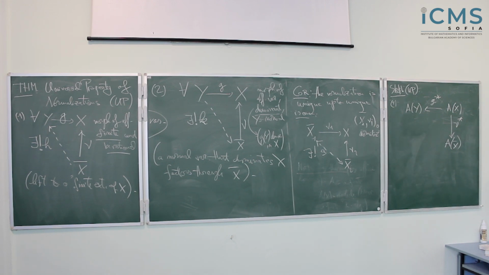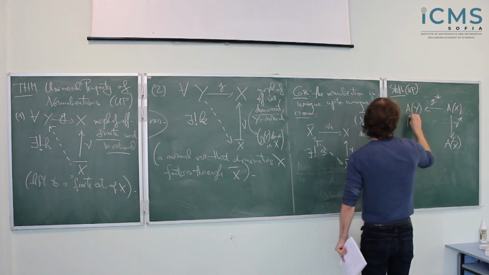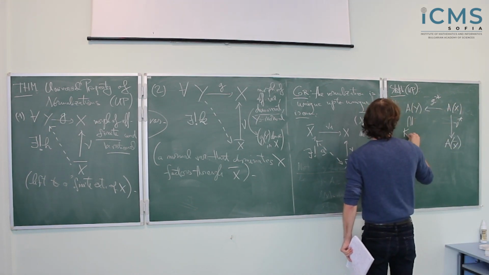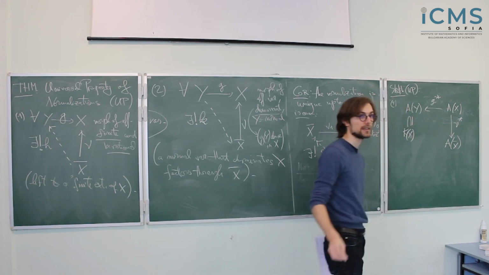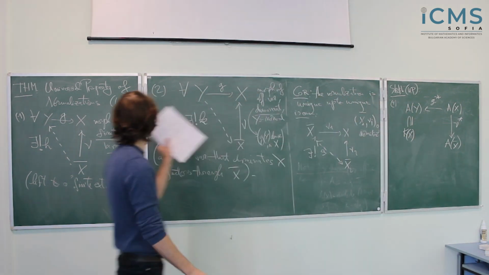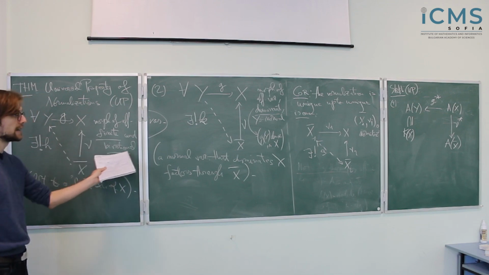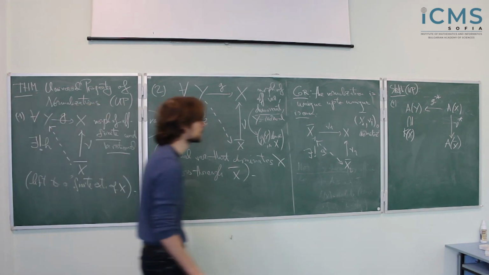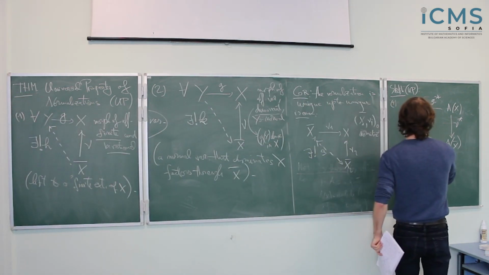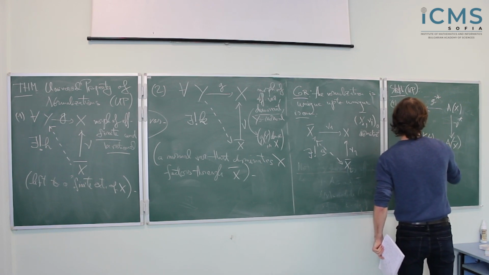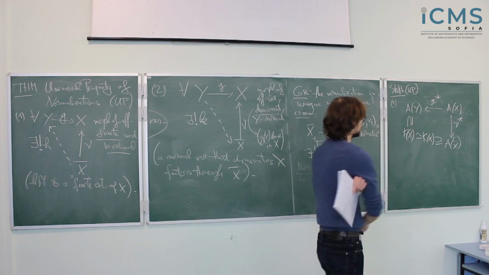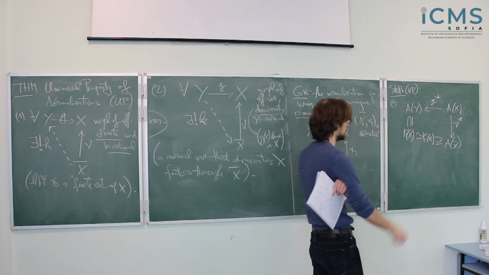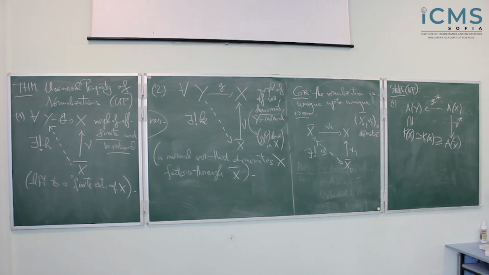Now, we also know that this A(y) is included in K(y), its function field. But since it is birational, this means that this is isomorphic to K(x). Right? And all these are included in K(x), like this.